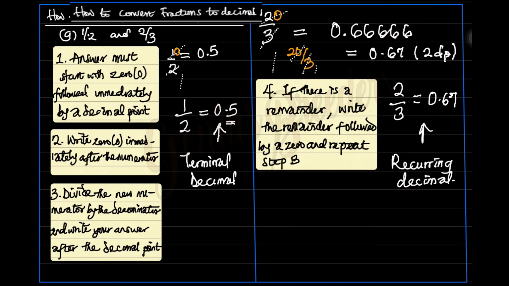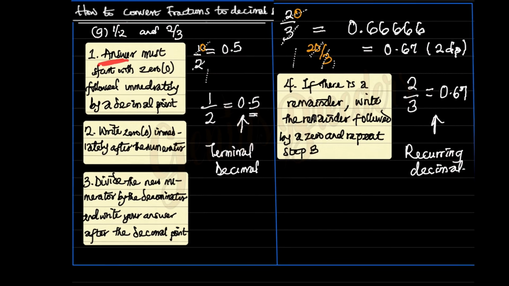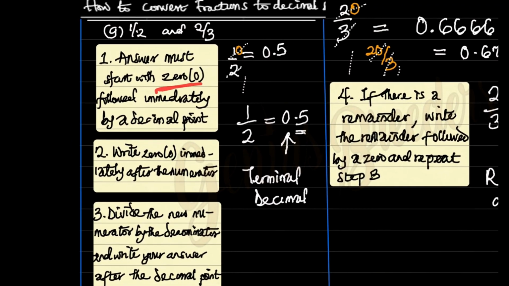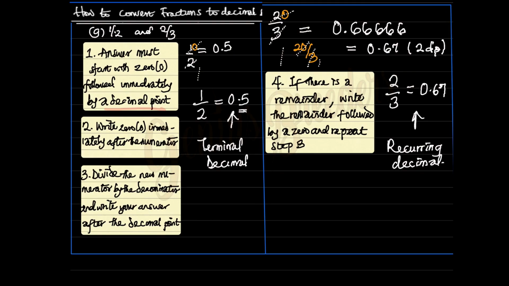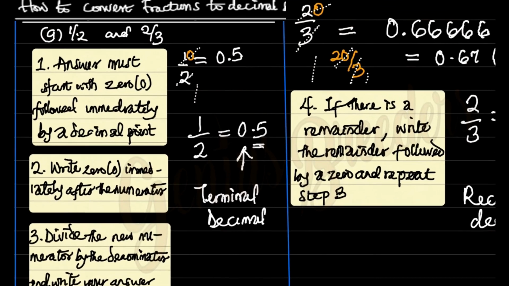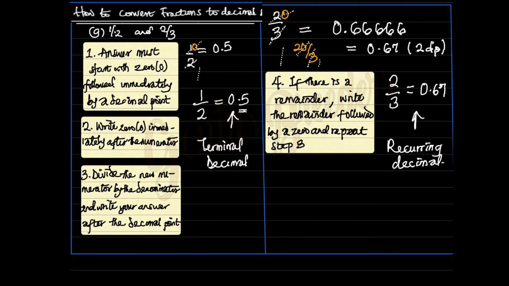So we've considered converting fractions to decimal using these 3 or 4 steps as the case may be. As a recap, the first step is that your answer must start with 0 followed immediately by a decimal point. So you have your 0 point. Secondly, you write a 0 immediately after the numerator. Then your step 3 is that you divide the new numerator by the denominator.